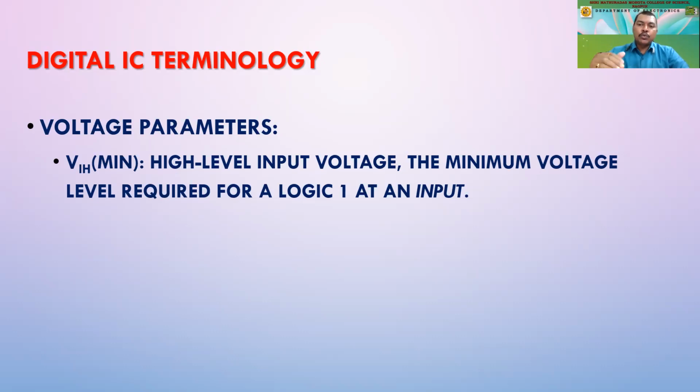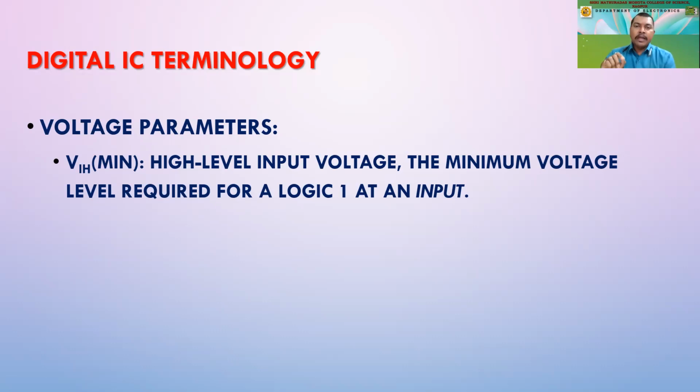So it is the high level input voltage, the minimum voltage level required for a logic 1 at an input. If plus 5 volt is the maximum voltage we apply to an input of a gate, then what would be the minimum? It might be around 3 or 3.5 volt, which the IC is supposed to consider as 1.